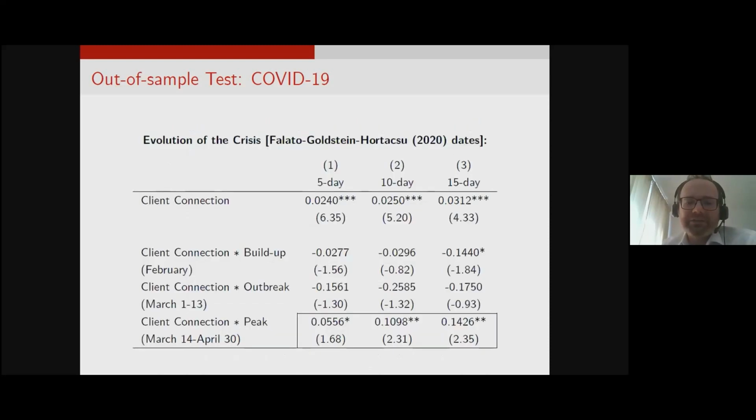So we then move back to the microeconometric research design, and we look at this period by interacting these Falato-Goldstein-Hortacsu dates with our connection measures. They were one of the many papers that provided an anatomy of what was going on in corporate bond markets last year.